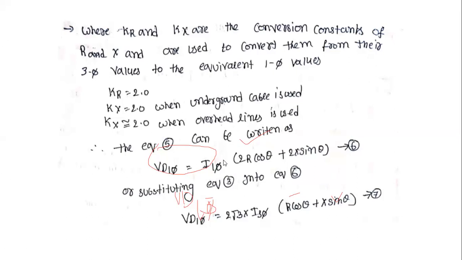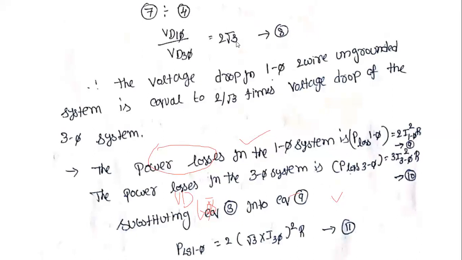Therefore, in the voltage drop VD single phase, I single phase is replaced, so VD single phase is equal to 2 root 3 into I 3 phase into (R cos theta plus X sin theta). We take the 2 common, and I single phase is root 3 into I 3 phase. Consider this as equation number 7.